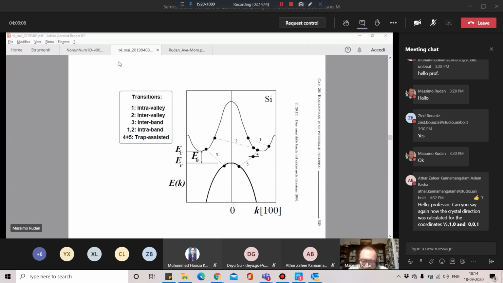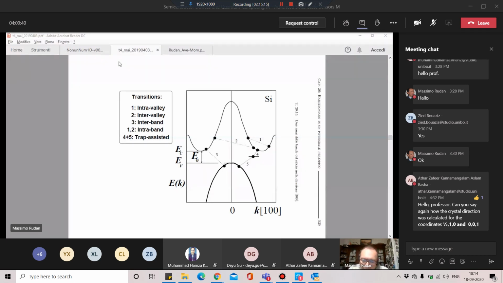But you remember, when you have a periodic function, it is sufficient to consider only one period. And one period is, as you remember, the Brillouin zone. So from now on, when we have to consider the relation between energy and momentum, we shall consider that relation only in one period, that is inside the Brillouin zone.